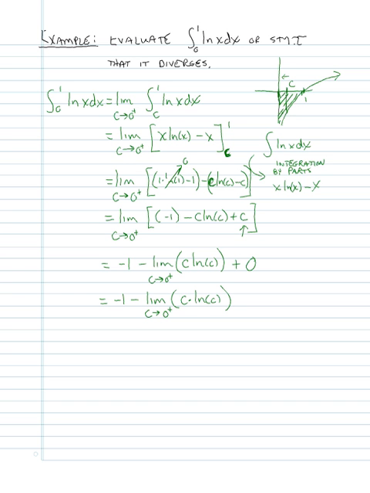And of course, if you look at this limit as c approaches 0 from the right, we have a form where we would have a 0 times a negative infinity. See, the natural log of c approaches negative infinity as c gets closer and closer to 0.